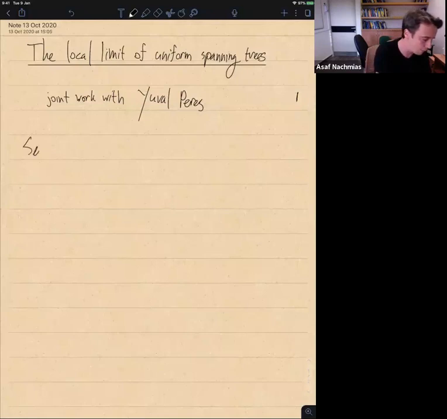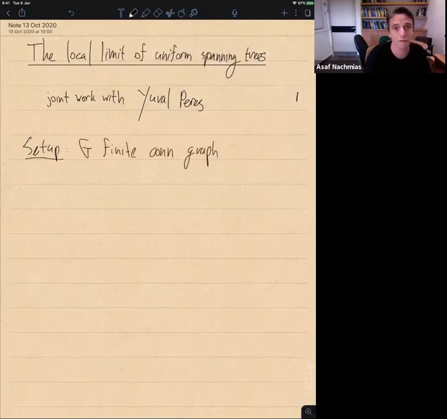We're always going to have a finite connected graph. When you have a finite connected graph, you have a finite set of spanning trees.